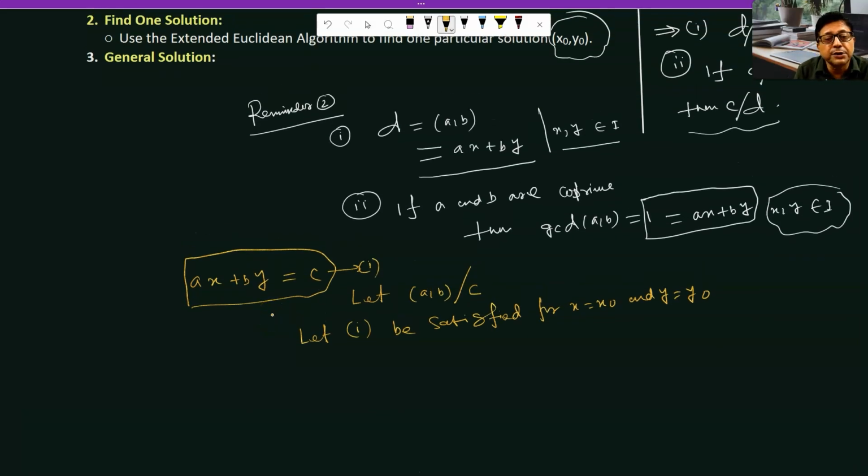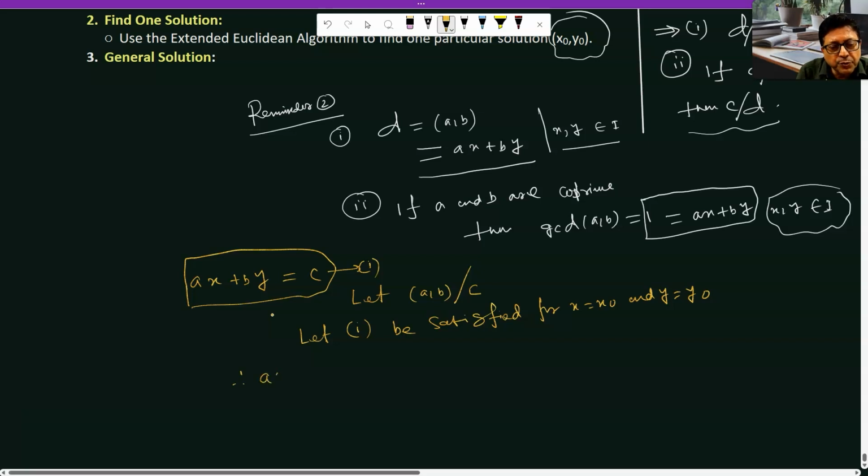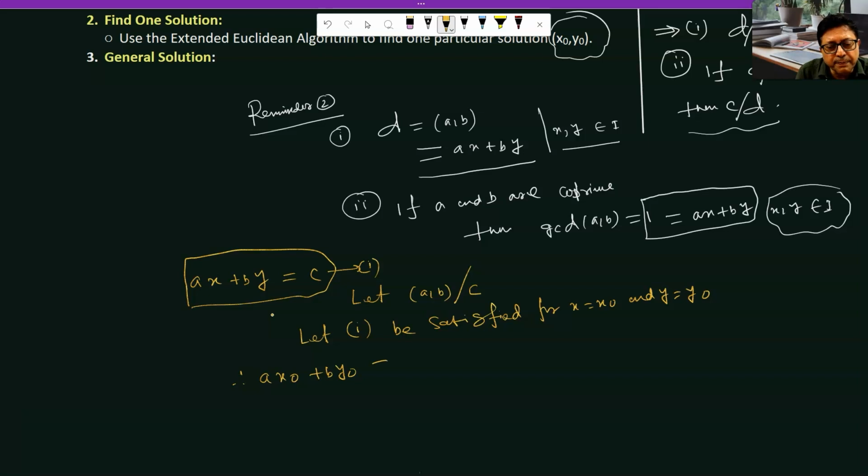Satisfying means this equation will be satisfied for x equal to x0 and y equal to y0. So what will you get? Ax0 plus by0 equal to c. I'll show you an example. Let me discuss the common method first.